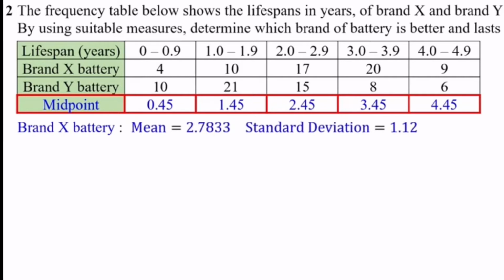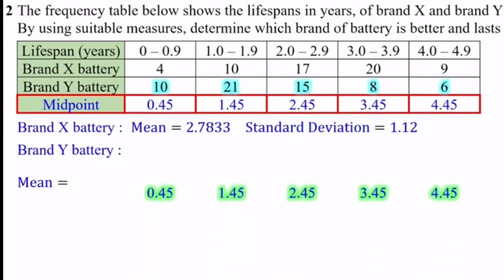Now let's get started with the mean for brand Y batteries. We will focus on the midpoint and the frequency for the battery brand Y. The mean for brand Y battery can be found by using the frequency of brand Y, which I highlighted in blue: 10, 21, 15, 8, and 6.